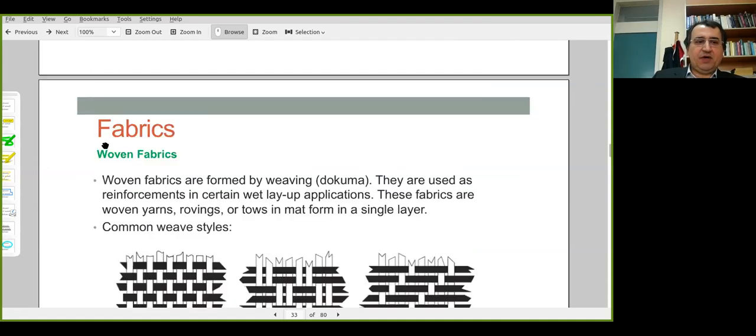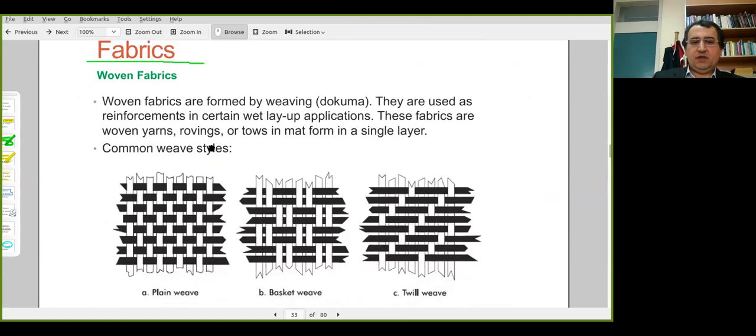Now, one final remark here is on fabrics. We have already mentioned fabrics. For each fiber type, carbon, glass, Aramid, it's possible to produce unwoven reinforcements and woven fabrics. Woven fabrics are produced by methods of textile engineering.